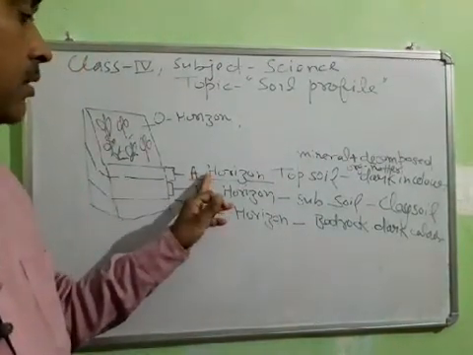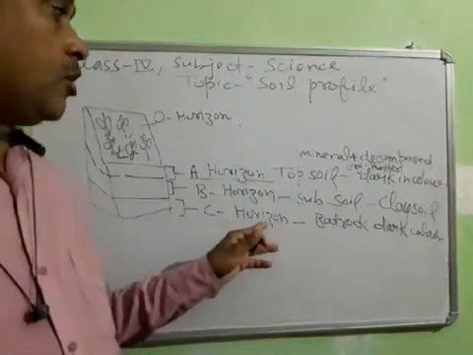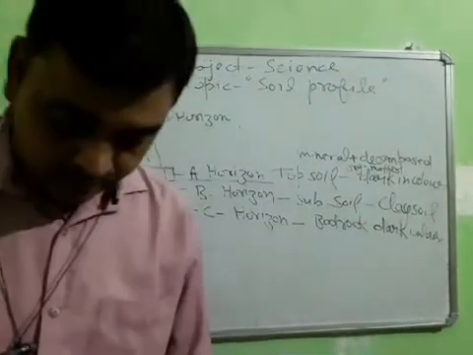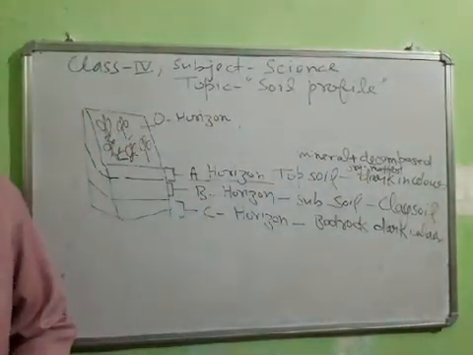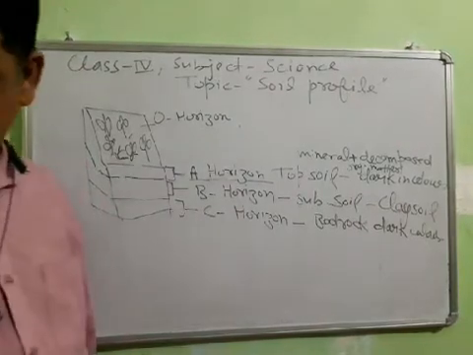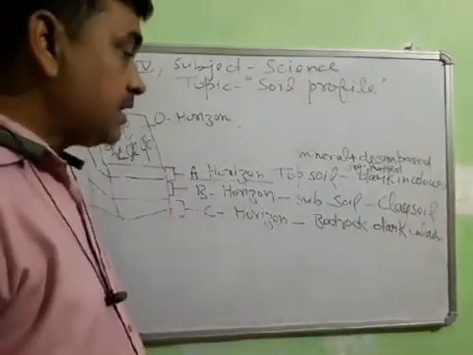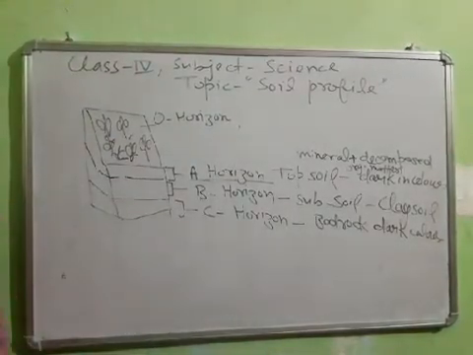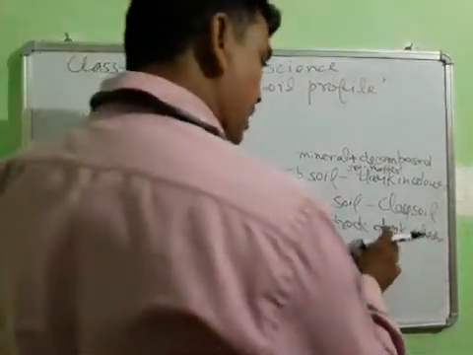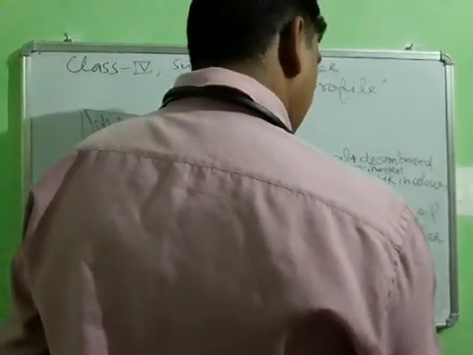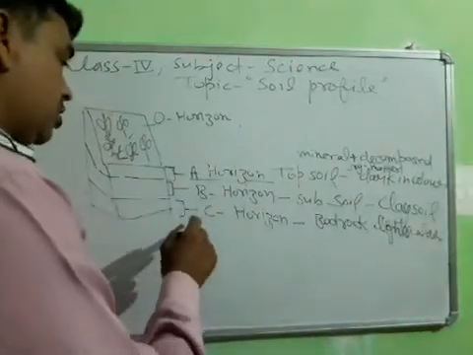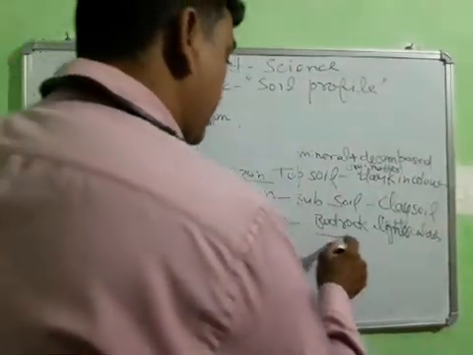In the A horizon there is rich humus because of minerals and decomposed organic matter. Now students, the B layer is below the A horizon, and it is lighter in color, not very dark, it is lighter color.